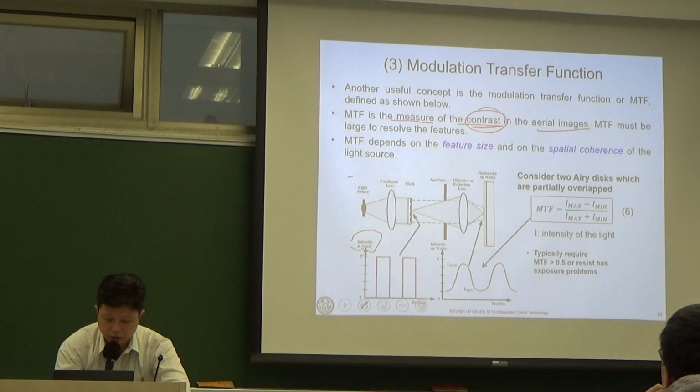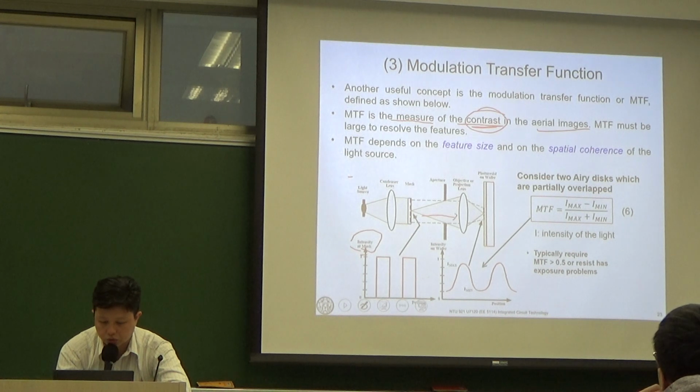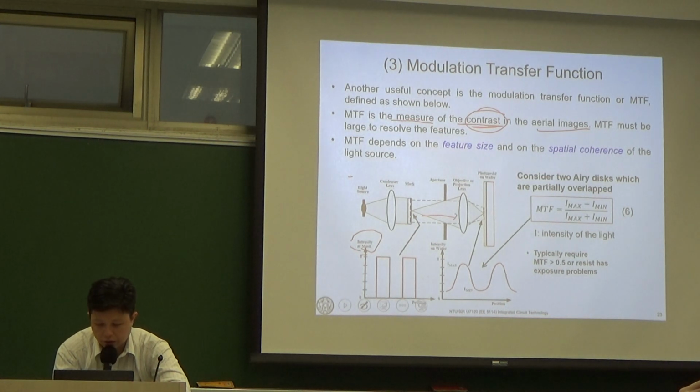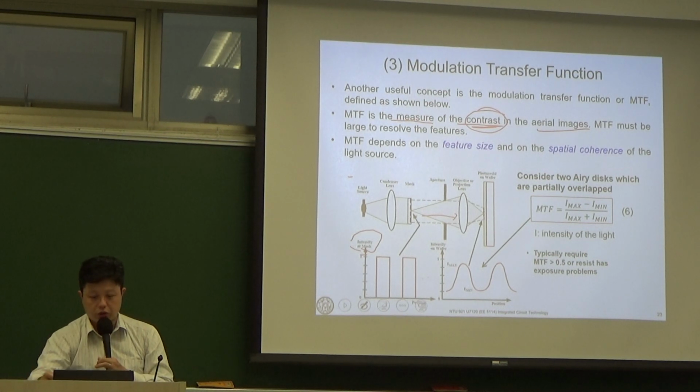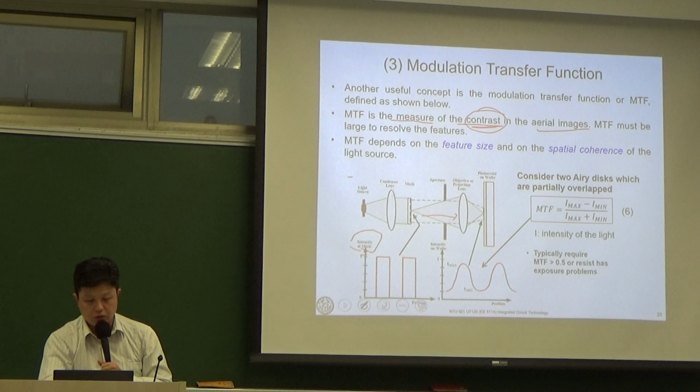But after the light travels through space and also passes through this focusing lens, when the light reaches the surface of your photoresist, the light intensity distribution over the position will actually look like this.